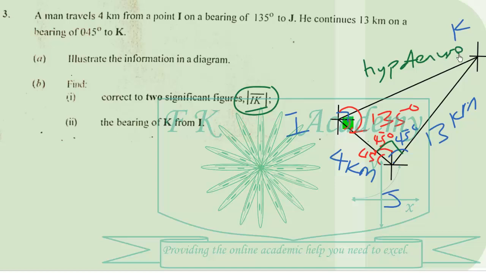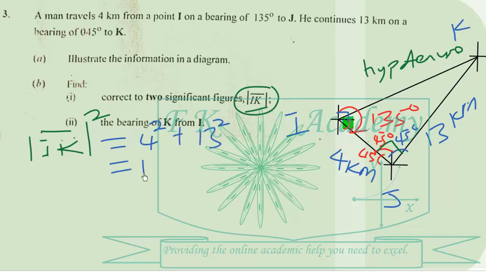So we can use Pythagoras theorem to find the length of line segment IK. When you see these two bars, it tells you that you are looking for the length or the magnitude. So Pythagoras theorem, IK squared will be equal to 4 squared plus 13 squared. That will give us 16 plus 169, which will give us 185.